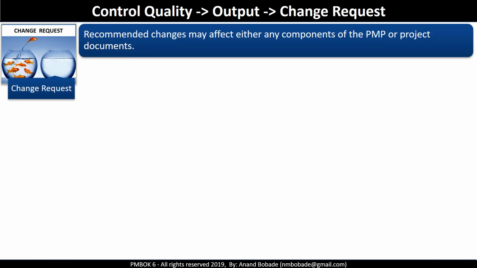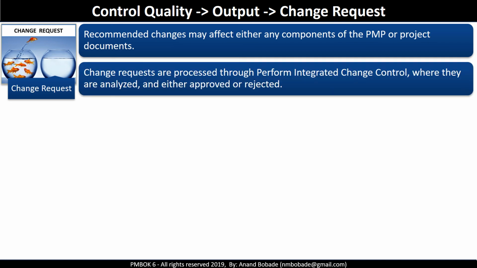Change requests. Recommended changes may affect any component of the project management plan or project documents. We just learned that earlier outputs, that is quality control measurements, verified deliverables, and work performance information, may lead to change requests. And this happens if results are not within agreed thresholds.